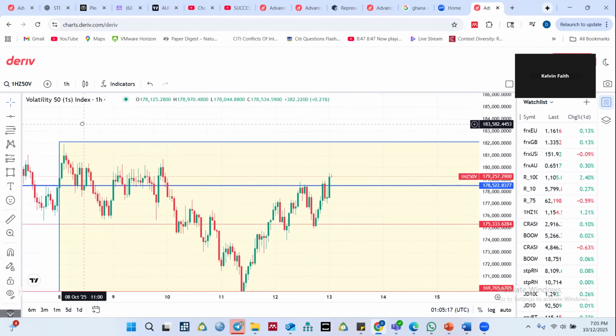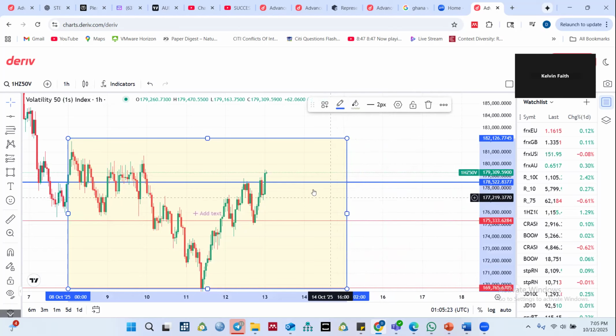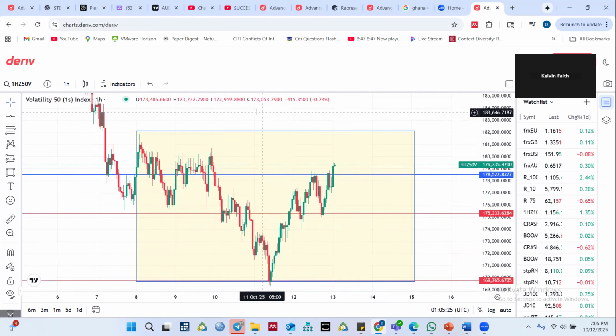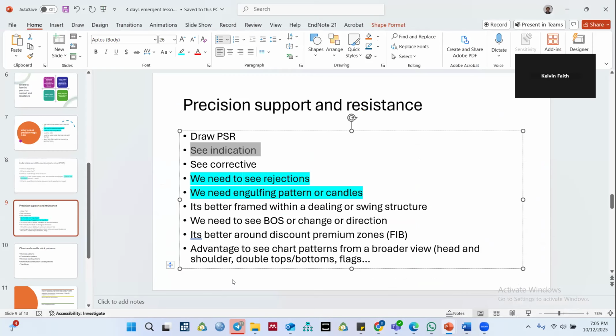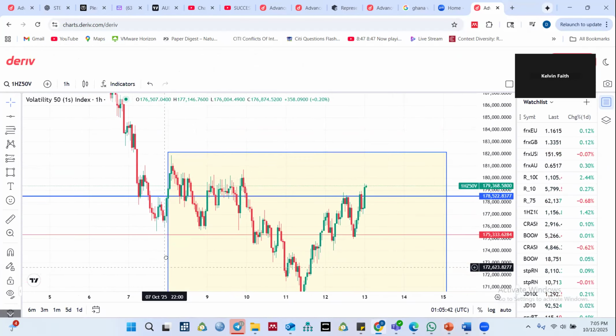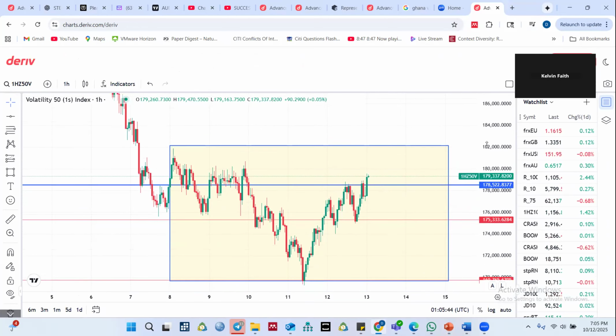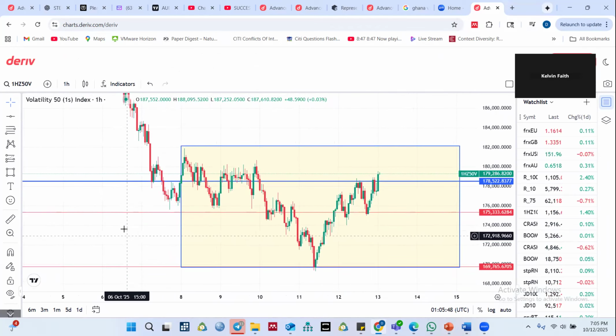Inside this shaded portion, into this support, there is an important thing we want to see. If you look at the conditions or requirements, we need to see BOS or change of direction. So what is the last set of highs that gave us this low on this 1 hour time frame?